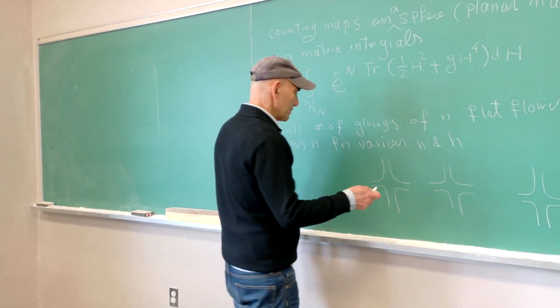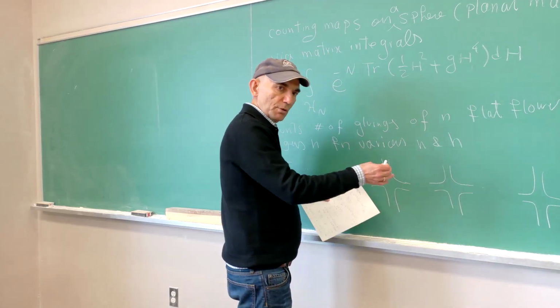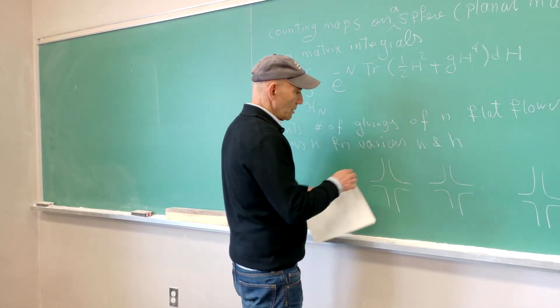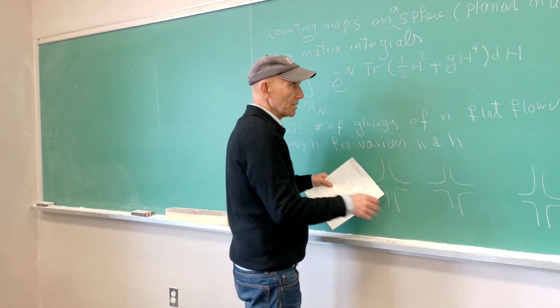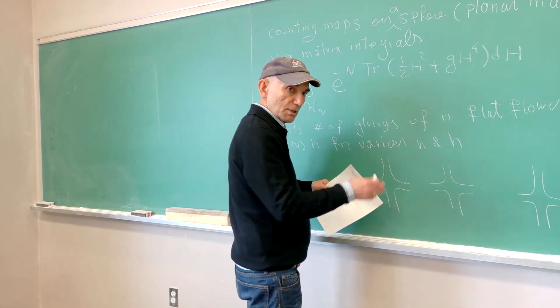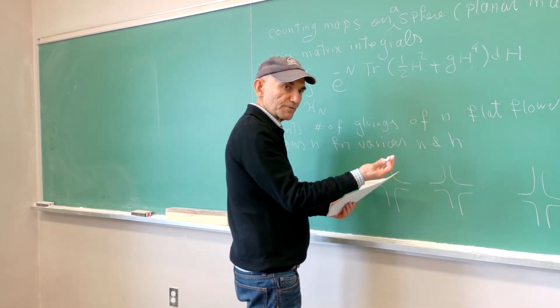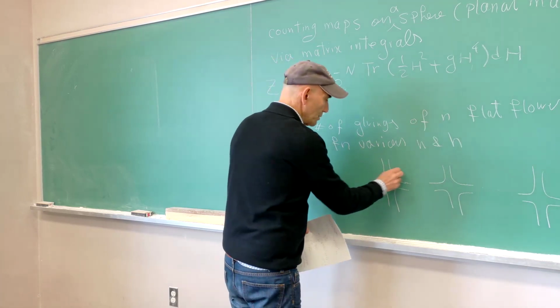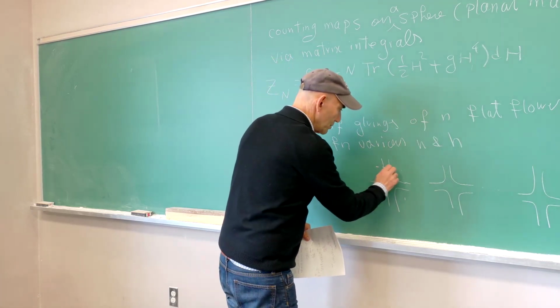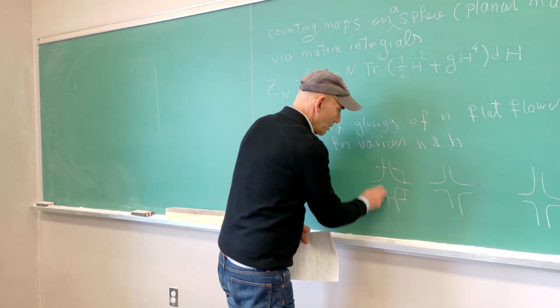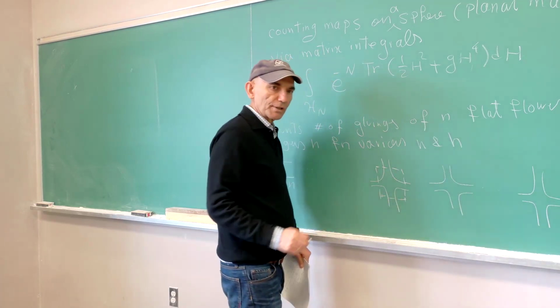But we also saw that by going into the double picture, we can get quadrangulations. So the number of tilings of a surface of genus H by quadrangles.